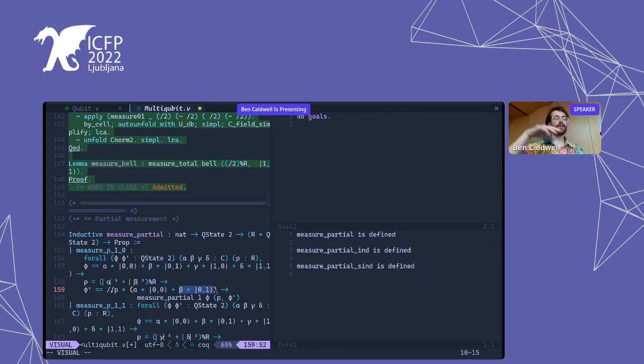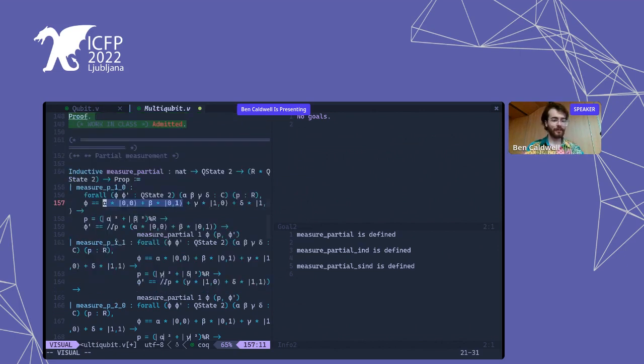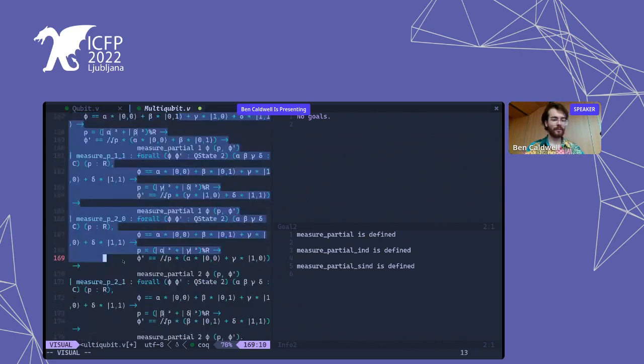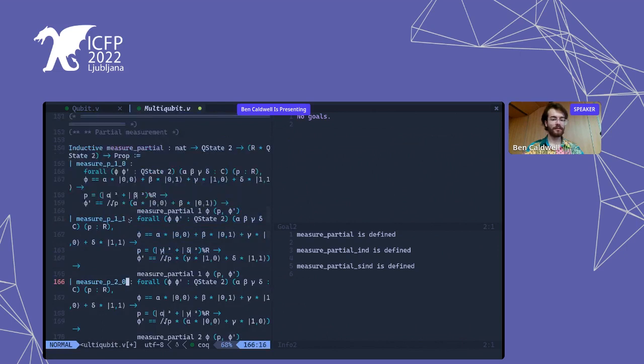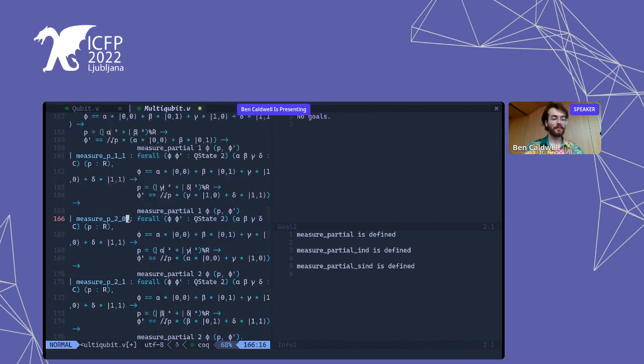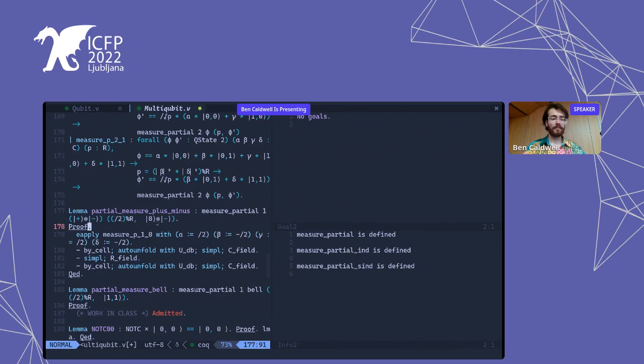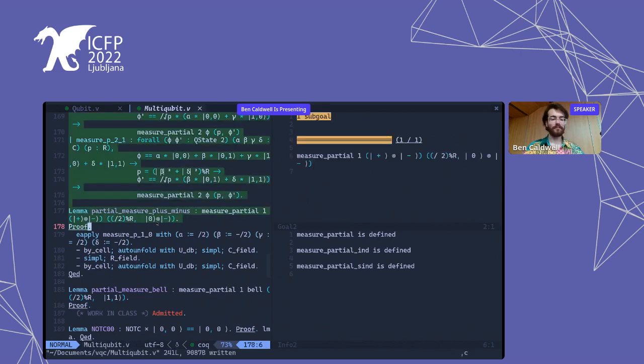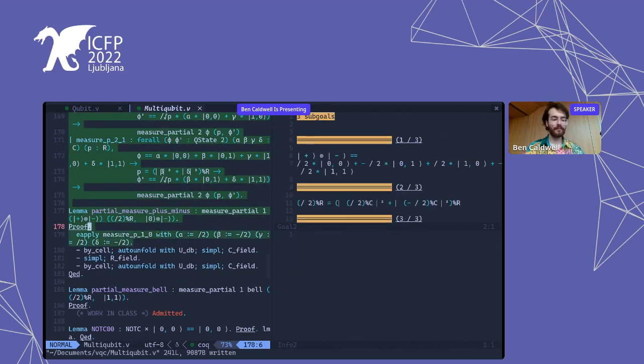Right? So we're only working with this part of the initial decomposition. We've narrowed our quantum state by measuring just the first qubit. And we have this for measuring all of the qubits in this 2 qubit quantum state to 0 or 1. And so we can talk about partial measurement, where we can measure partially the first qubit of this state.